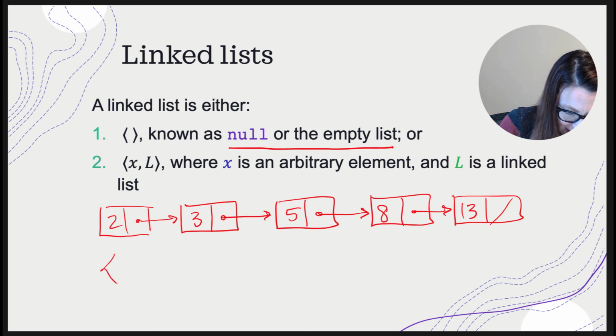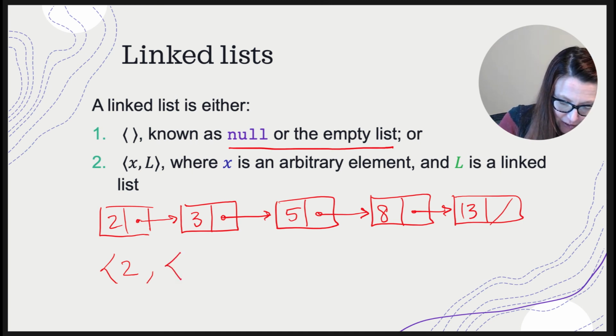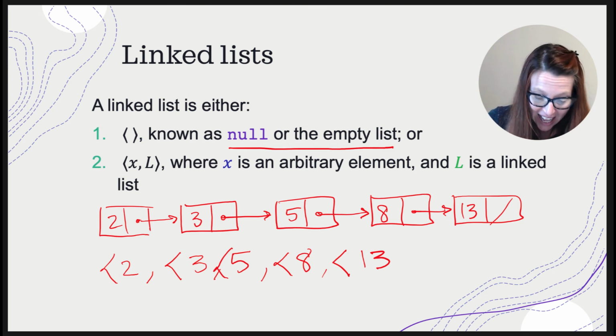It is first the data 2, followed by a linked list which holds the data 3, followed by a linked list which holds data 5, and a pointer to the linked list which holds 8, and a pointer to the linked list which holds 13, and finally a null value.